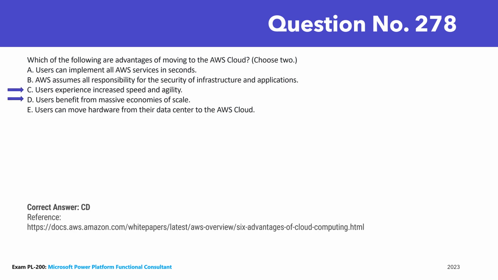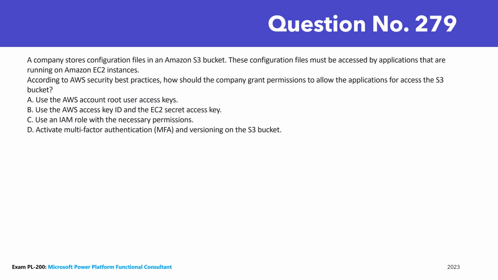A company stores configuration files in an Amazon S3 bucket. These configuration files must be accessed by applications that are running on Amazon EC2 instances. According to AWS security best practices, how should the company grant permissions to allow the applications to access the S3 bucket? A. Use the AWS account root user access keys.